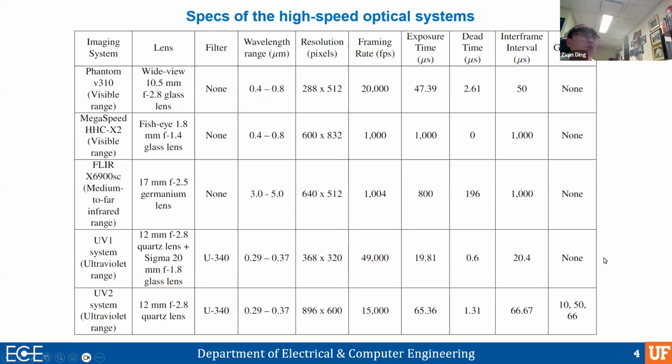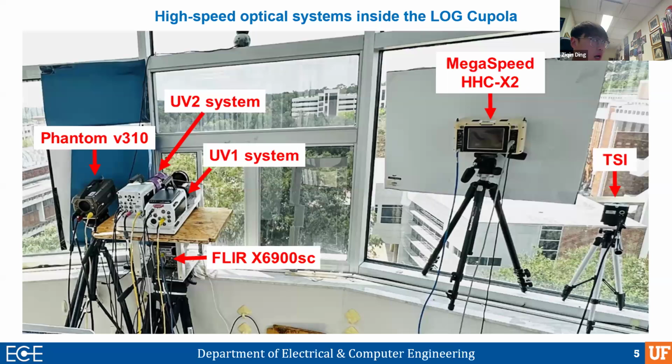For the ultraviolet, we have gating capability that can divide the exposure frame into different sections, allowing us to control the ultraviolet luminosity we image. Here is a picture showing the current configuration of all the high-speed imaging systems inside the LOG.